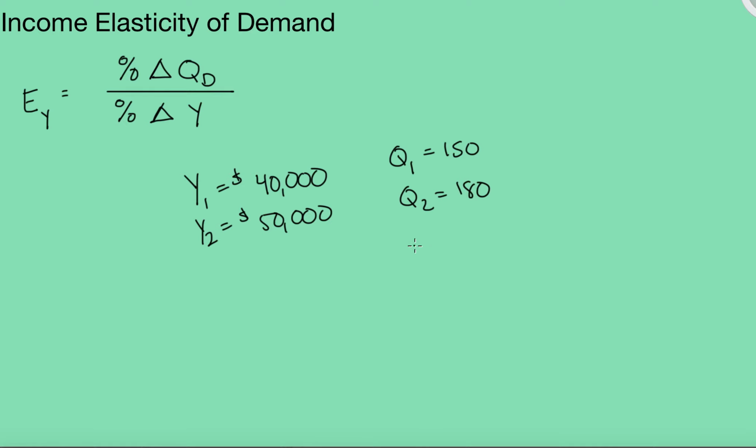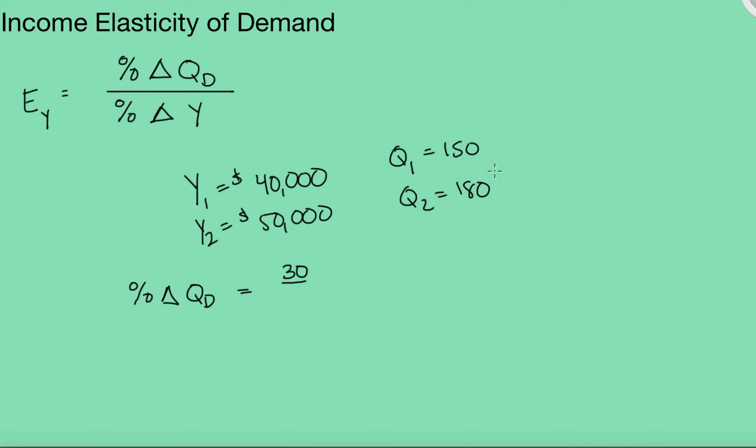Now we're going to solve the equation a different way using the more standard formula of a percent change in quantity demanded. The unit change was 30 units, the difference between these two numbers.